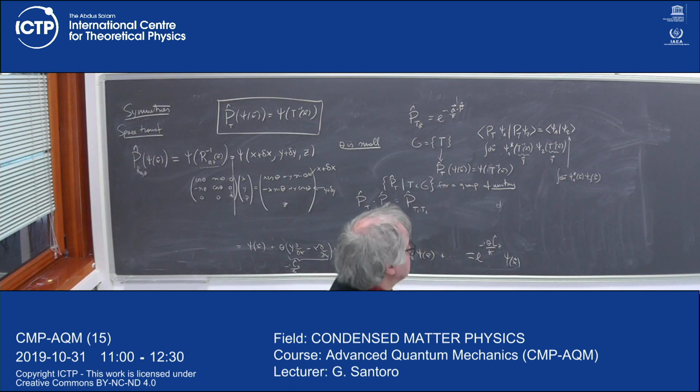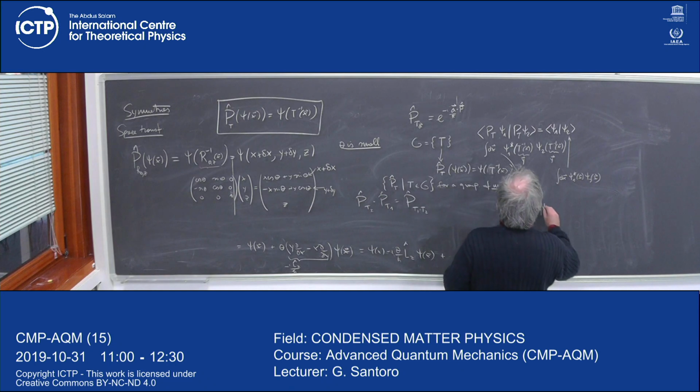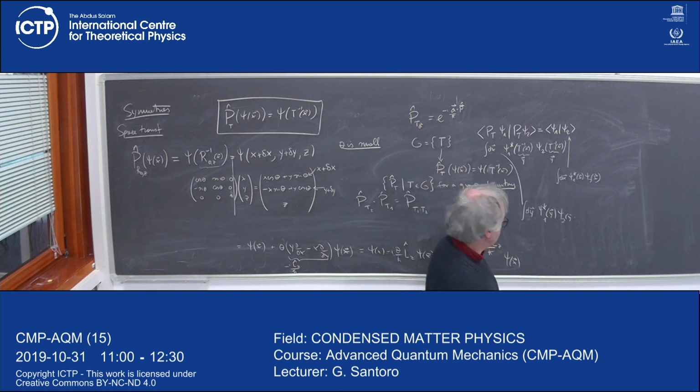Okay? Here I'm just using the fact that, in some sense, this object can be transformed into an integral in dy of psi 1 star of y, psi 2 of y, where y is this object. Because the transformation between x and y requires the determinant of the Jacobian of dy over dx or dx over dy.